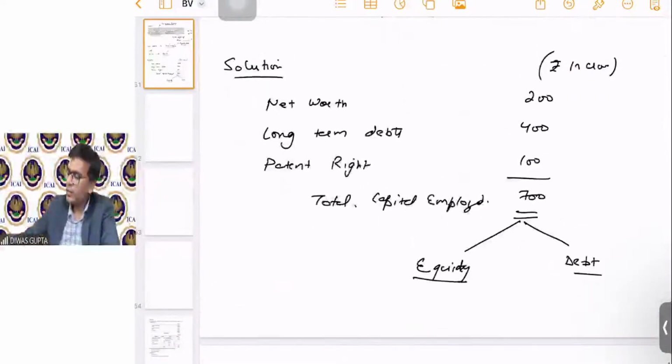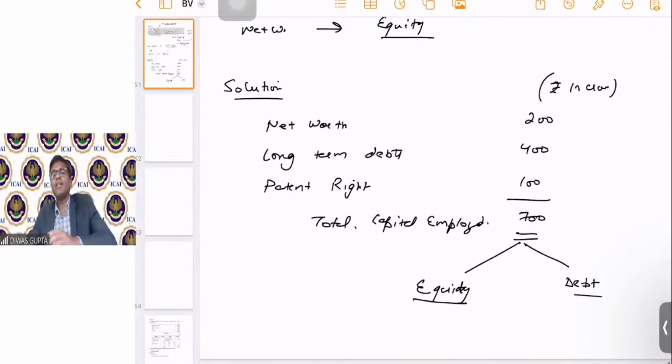We have to finally allocate the value to equity and debt. Tell me, out of the 700, what is the value of equity and what is the value of debt for calculating the WACC? And this is the main part of the question. If you are able to understand this, then I think we are through. So for calculating the WACC, or let's say the capital charge, we have to bifurcate equity and debt.